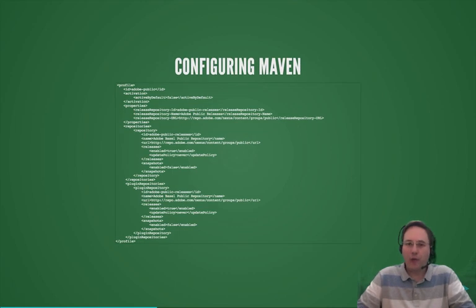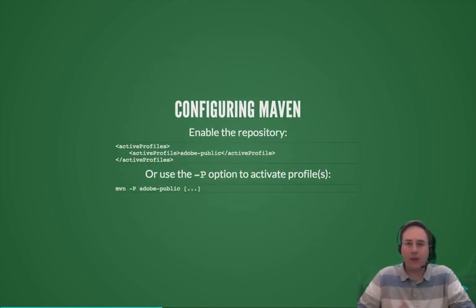So to configure the repository, you need to add this to your settings.xml file. I don't expect you to be able to read all the way through this. You can find it on the talk online, and you can also find it at the various websites that are referenced in the talk. Once you've added your Maven repository, the next thing you need to do is to enable the repository so that Maven knows it can use it.